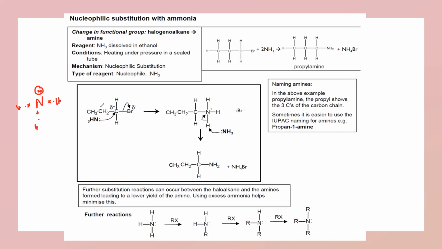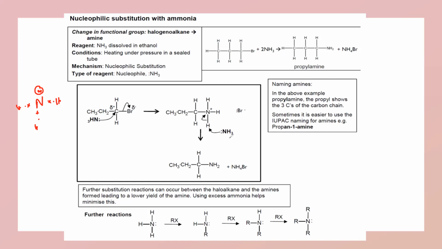And this is because it's a primary halogenoalkane, so bond breaking and bond forming will take place at the same time. NH3 will try to form a bond with carbon, and bromine will try to break the bond. So bond breaking and bond forming take place at the same time. Now bromine is being removed and NH3 is attached.